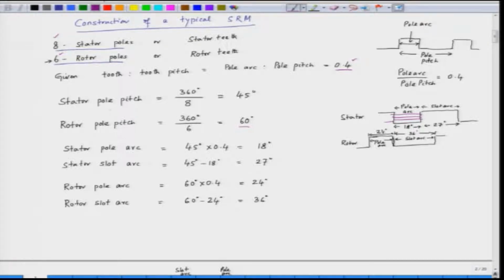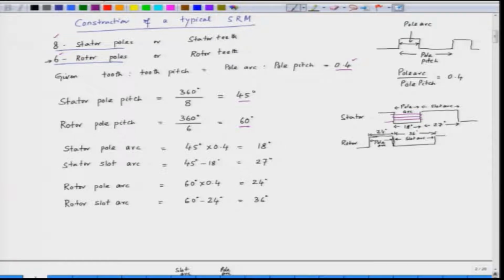So, if we calculate the stator pole pitch, it will be 45 degrees, because we have 8 stator poles. Since we have 6 rotor poles, we have 60 degrees as the rotor pole pitch. 360 by 6 is 60 degrees.